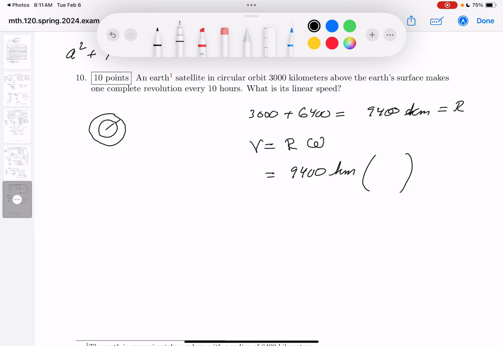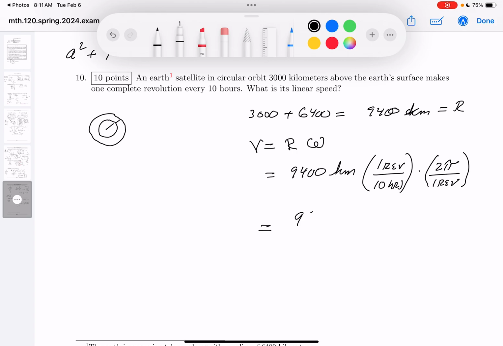What's the angular velocity? Well, there's over here, it says it makes one revolution every 10 hours. All right? Remember, this needs to be in radians, so I need to get rid of the revs. So 1 rev is equal to 2 pi, all right? And I think I'm ready to put the answer down now, and I'll write the number down for you.